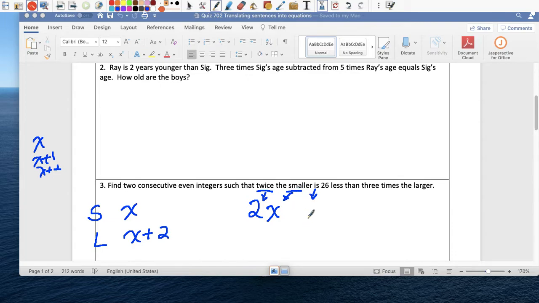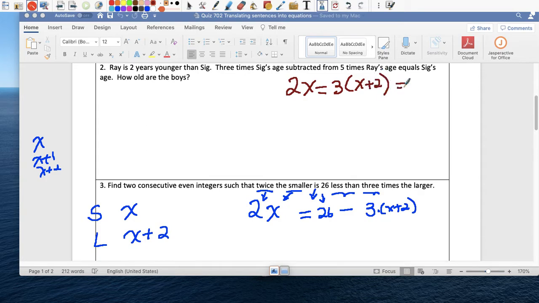Less than means subtraction, 3 times the larger one, which is x plus 2, in parentheses. Now there is a little modification we have to make: it's 2x equals, and we switch that around because of the words less than, 3 times (x plus 2) minus 26.